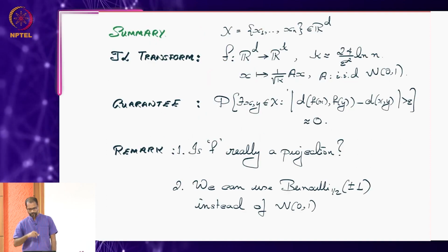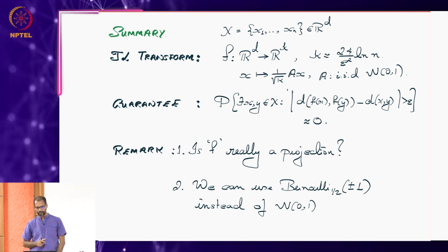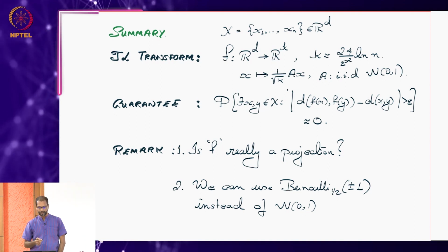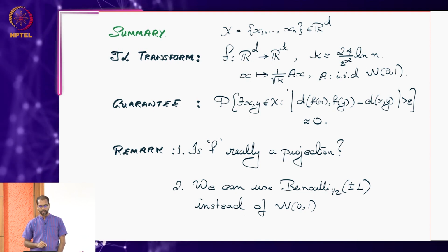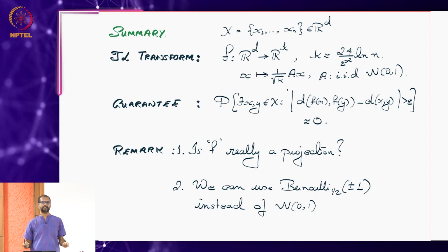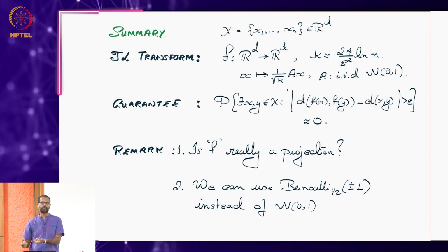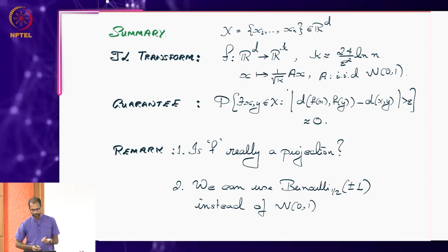Okay. So, this is the last slide for today. In summary, you start with n data points x1 to xn in a d-dimensional space, and it is almost like a magician's trick. You do not even look at your data points, you just pull out a random mapping. How do you construct this random mapping?